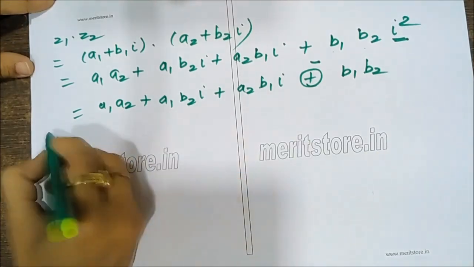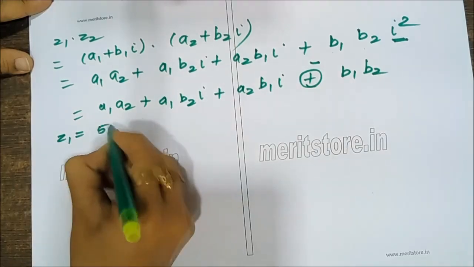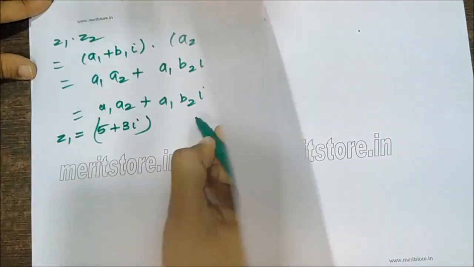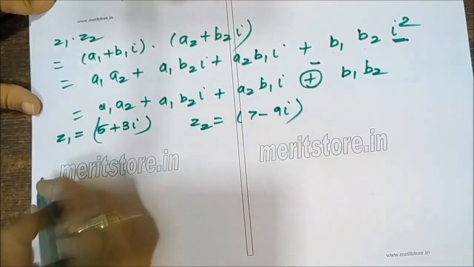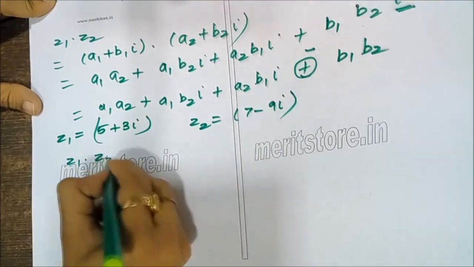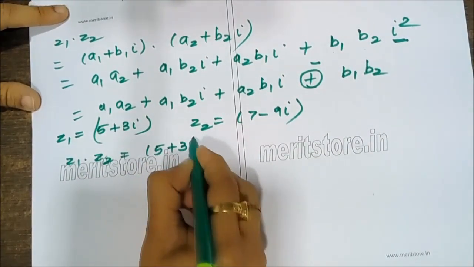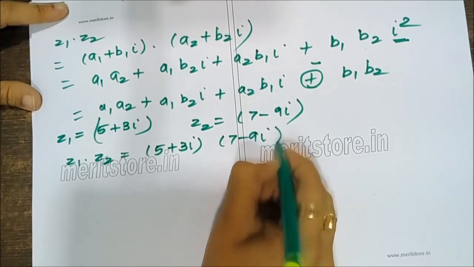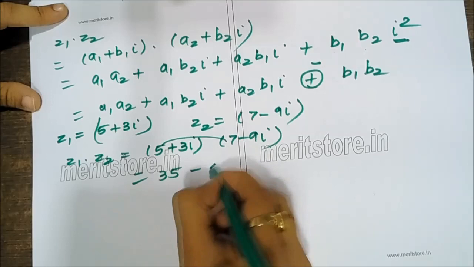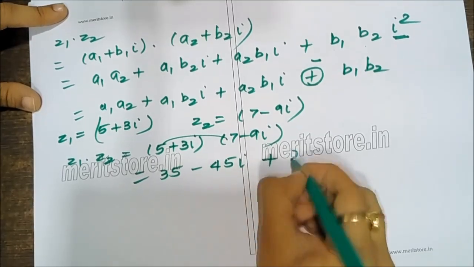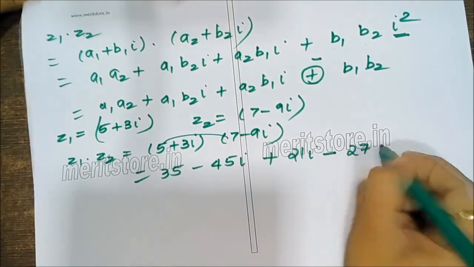Okay. So let's say Z1 is your 5 plus 3i and Z2 is 7 minus 9i. You are multiplying both of them. 5 plus 3i, 7 minus 9i: 7 fives are 35, minus 45i, plus 21i, plus minus minus 27i square.